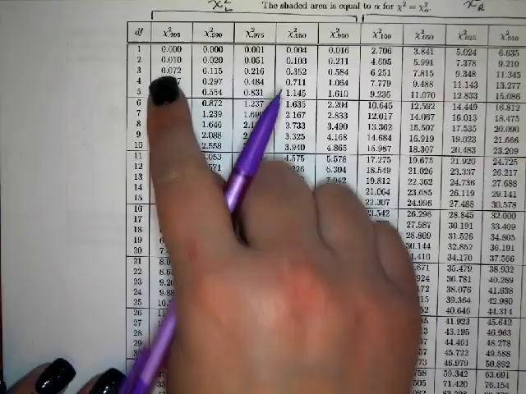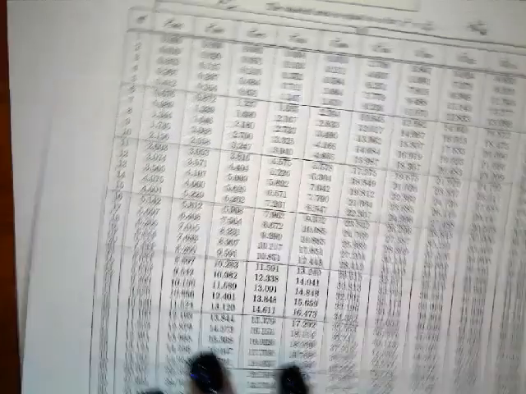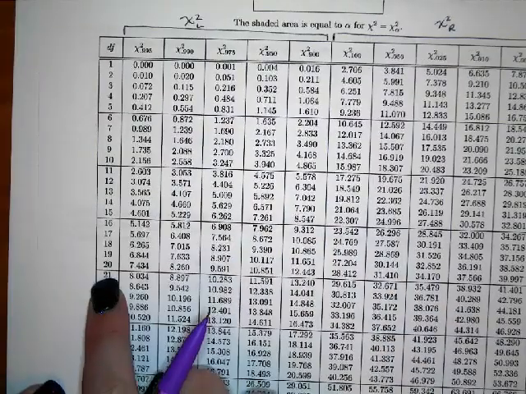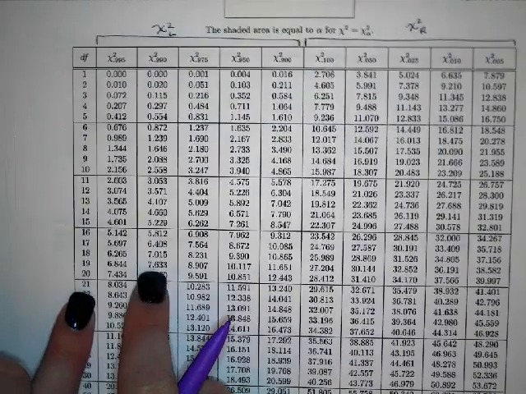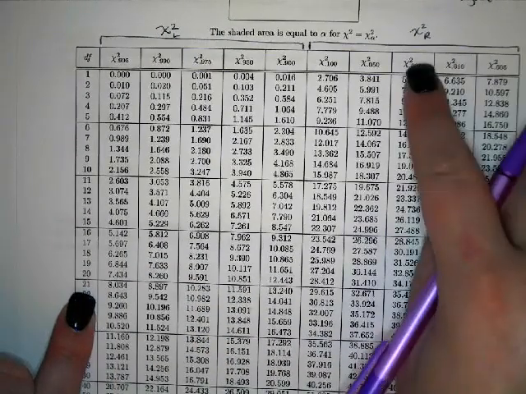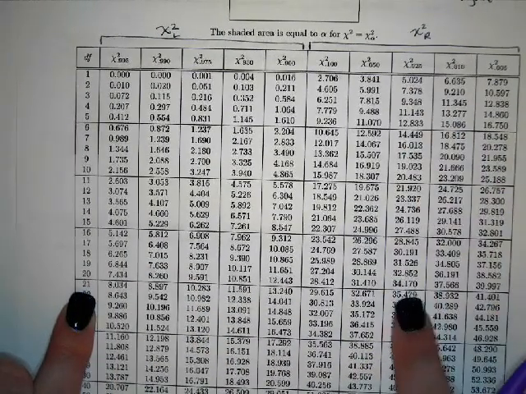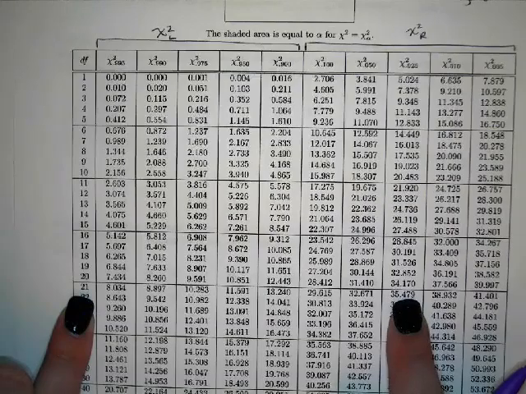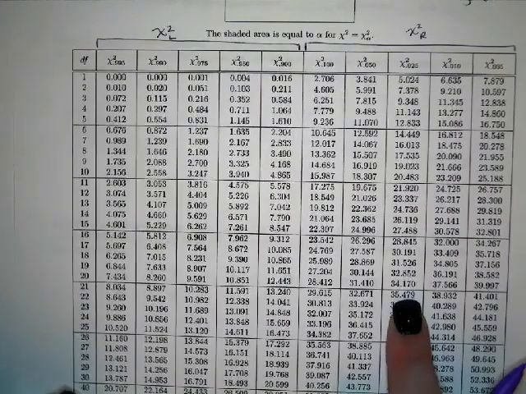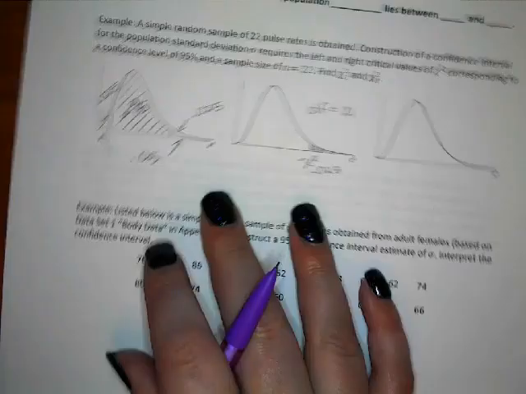So degree of freedom is 21, and chi-squared 0.025. Right here, 35.479.